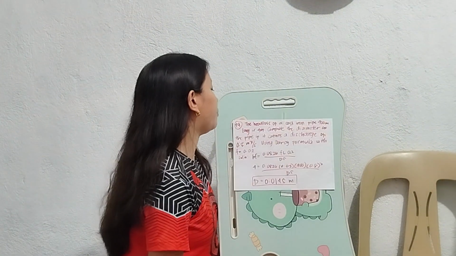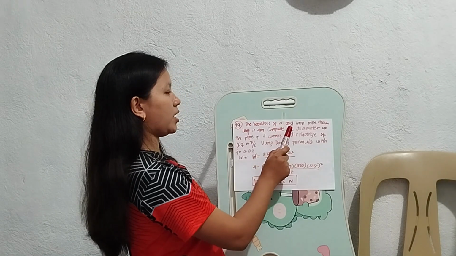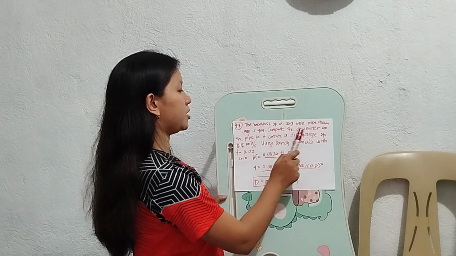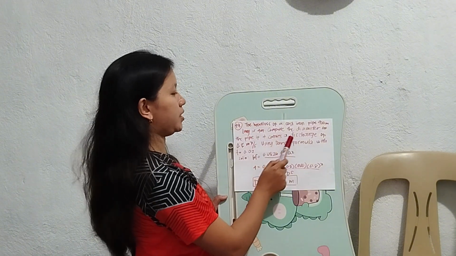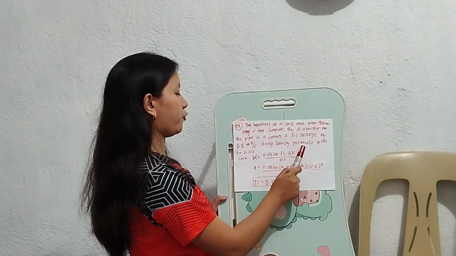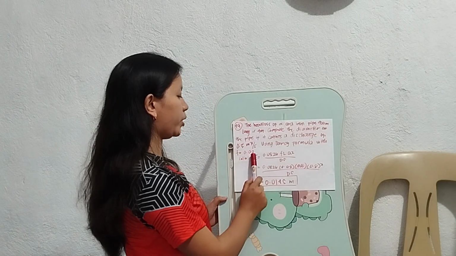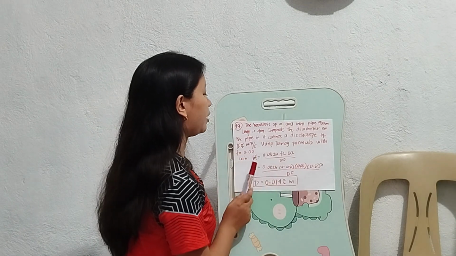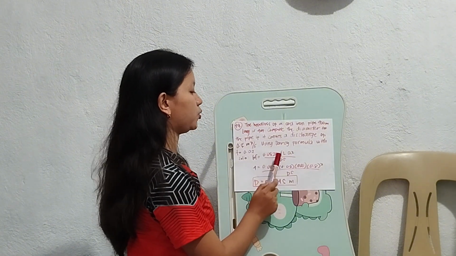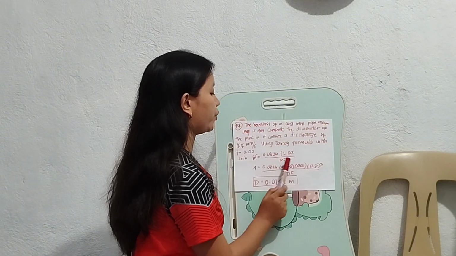So for problem number 49, the head loss of a cast iron pipe 900 meters long is 4 meters. Compute the diameter of the pipe if it carries a discharge of 0.8 cubic meter per second using the Darcy formula with f equal to 0.02. So the Darcy formula is the head loss equals 0.0826 f L Q squared over D raised to 5.